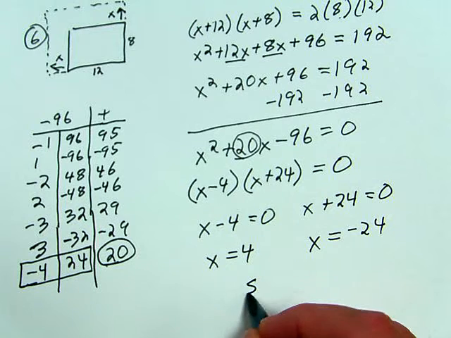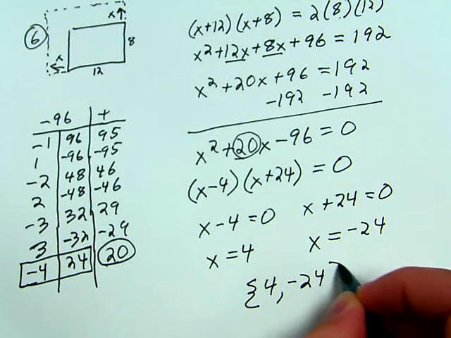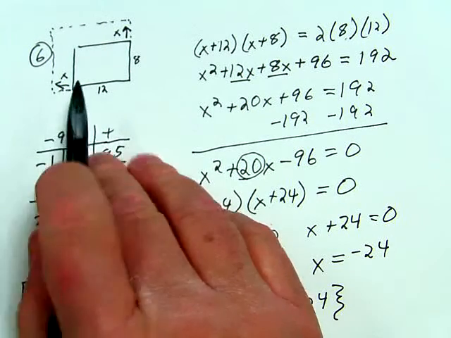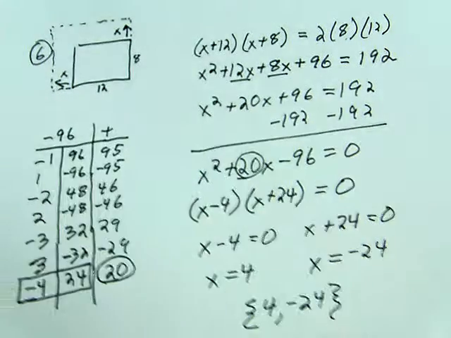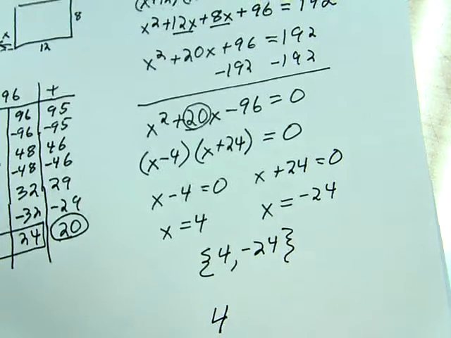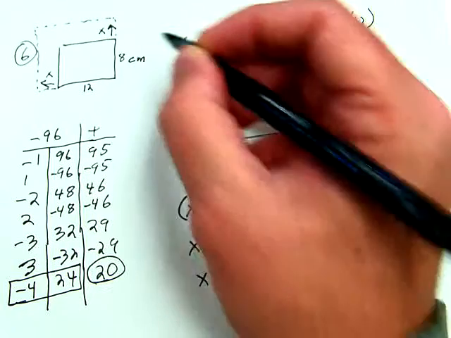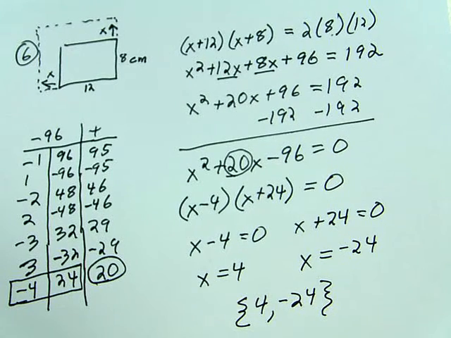So my solution set is 4 comma negative 24. That's my two possible solutions. However, if you remember, my original problem was how much distance do I have to add to it? I can't have a negative distance. So my final answer is 4. I go back and look at the problem, and I didn't write that up here, but these are centimeters. So 4 centimeters is my final answer.